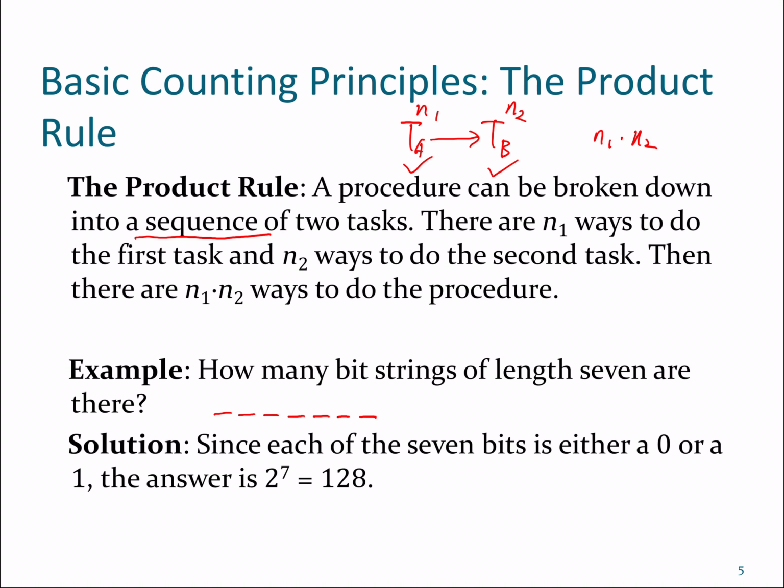So let's see, the first bit, there are two choices. It can be either 0 or 1. Second is either 0 or 1, and it goes on. Therefore, you break this task of length 7 bit string into 7 small tasks, and each task has two choices. Therefore, the total should be 2 times 2 together. There are 7 of them. So finally, the total should be 2 to the 7th power, and it should be 128.